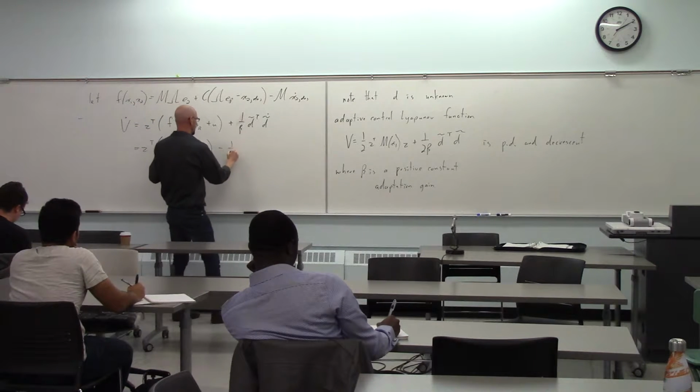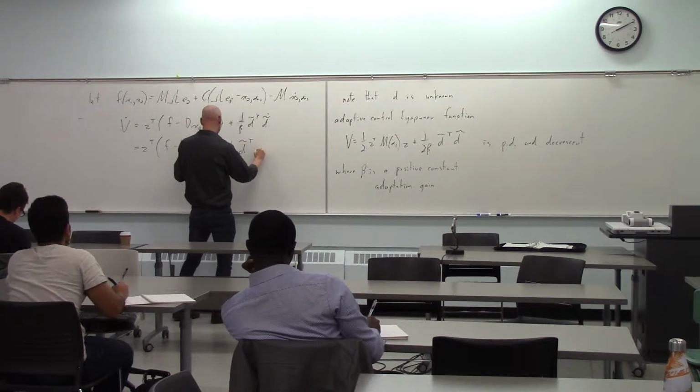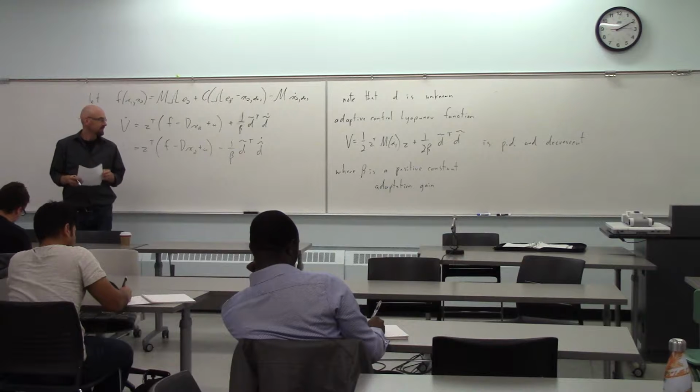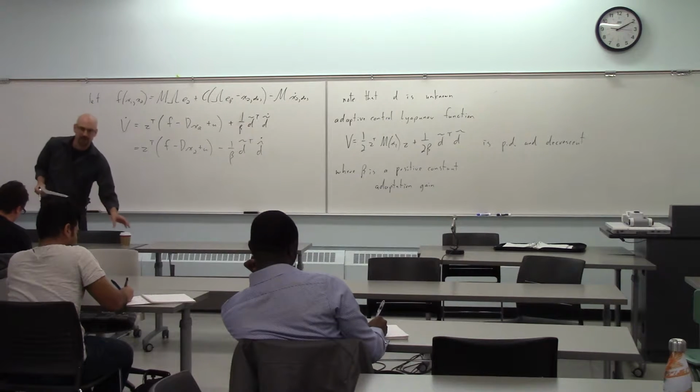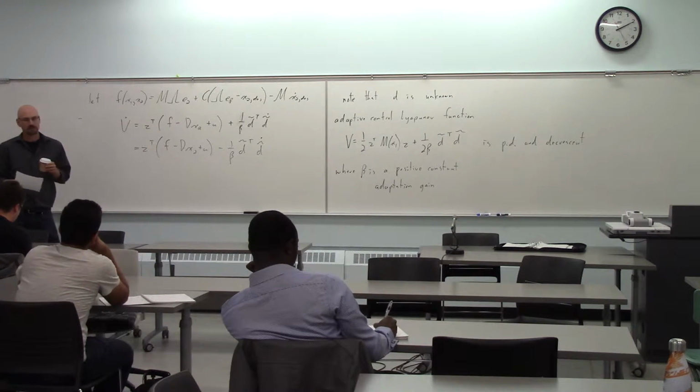If you look at the way I defined d tilde, you can see that I can replace d tilde dot with d hat dot, because d is an unknown constant parameter, so its derivative is 0. It's not changing. So the thing we're trying to find out isn't changing.